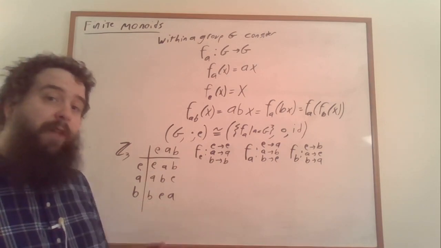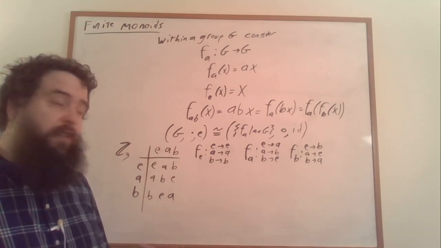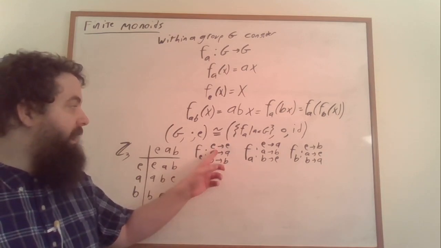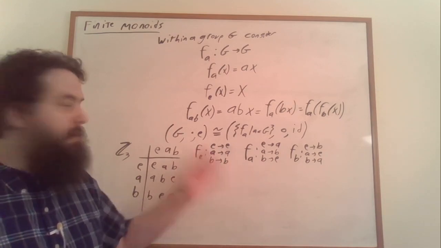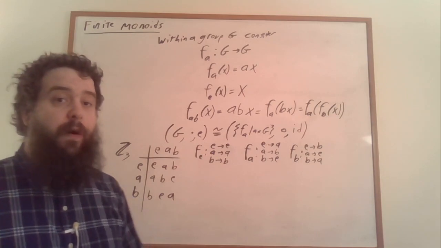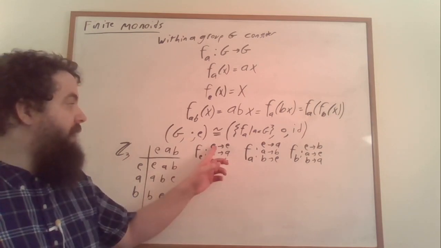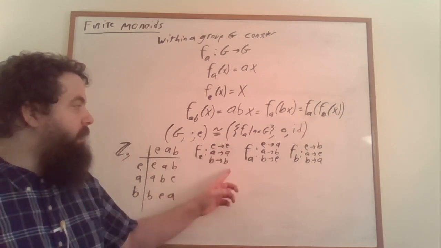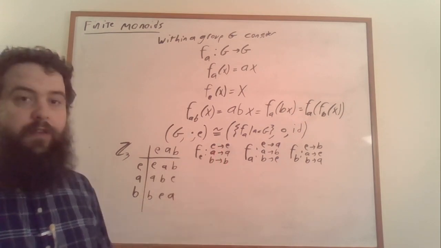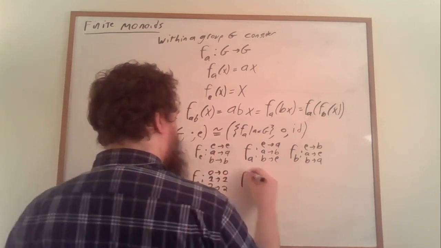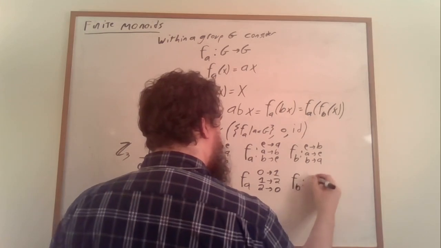And again, the behavior of these functions in relationship to each other doesn't depend on what the names of the elements that we're plugging into these functions are. So let's change the names of the inputs and outputs to 0, 1, and 2.